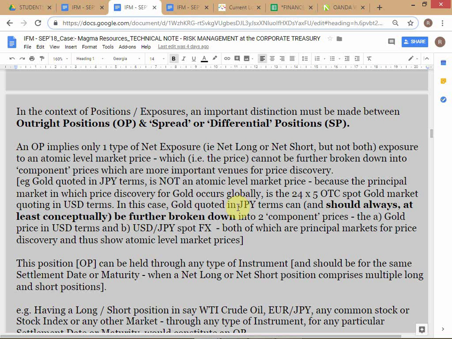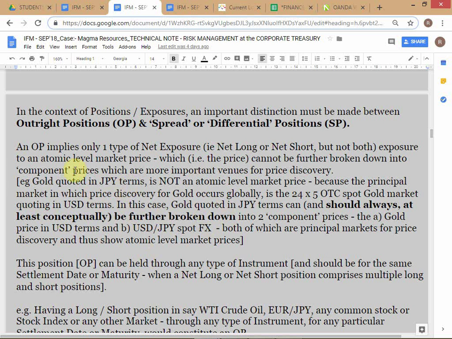They will have a spread position, but that is still much better than having an outright position of short jet fuel, because the spread position will have much less risk than an outright position. So that's an important concept to be aware of.